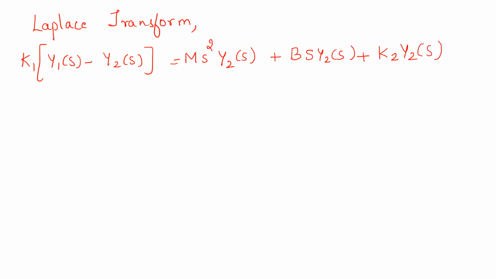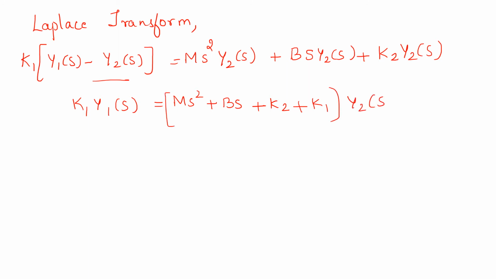So now separate the terms containing y2 and y1. So this turns out to be k1 y1 of s is equal to m into s square plus b into s plus k2, and this term taken to the other side becomes plus k1, the whole thing into y2 of s.